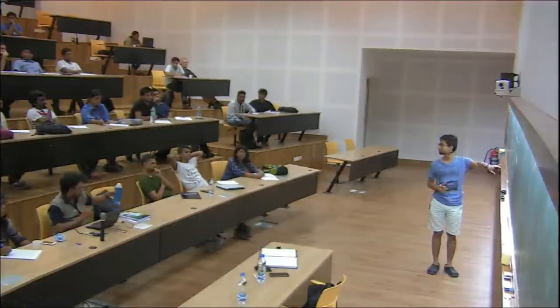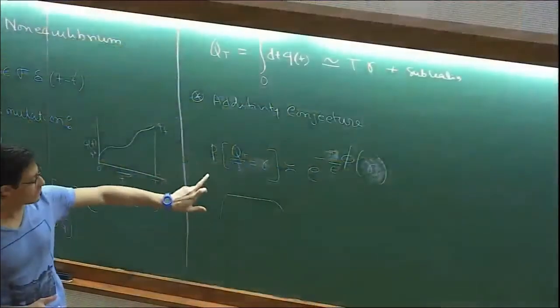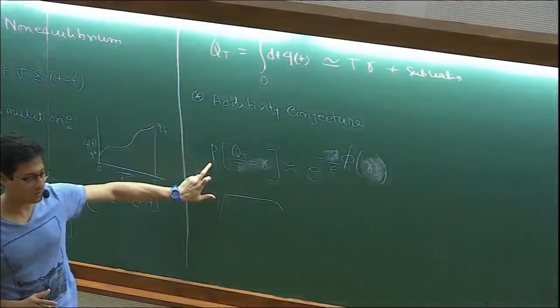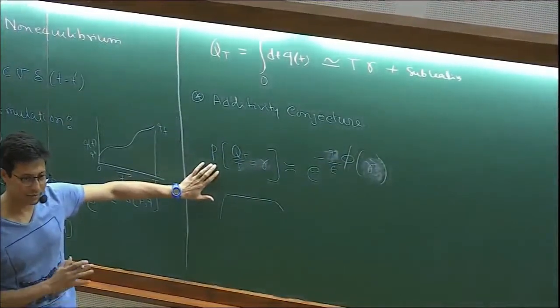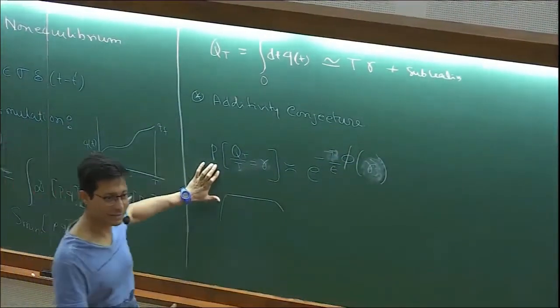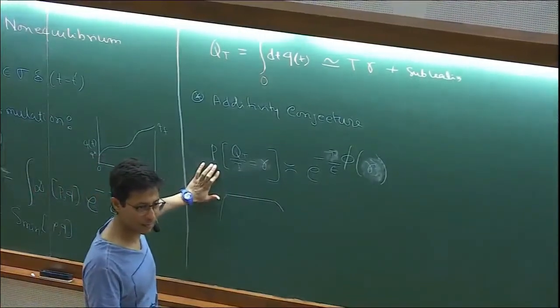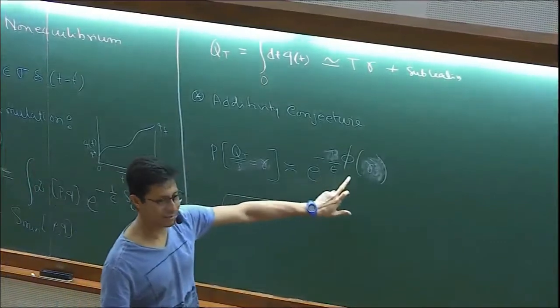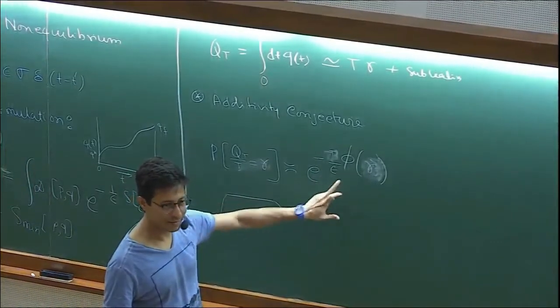For phi, the additivity conjecture does not say much about the form here. You could have some problems where there is still a large deviation form of this kind, but the additivity conjecture does not work. Okay? The additivity conjecture is just a way to get this result.